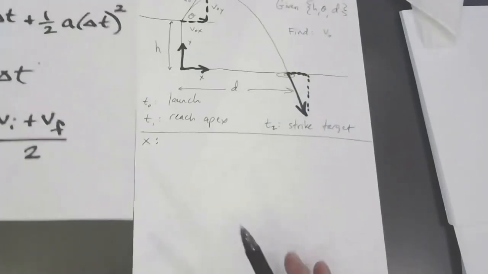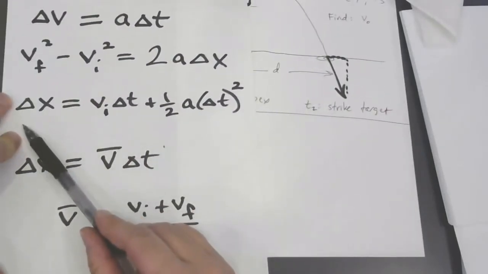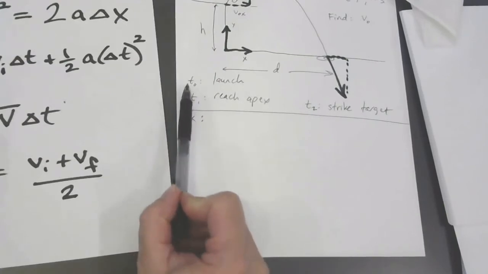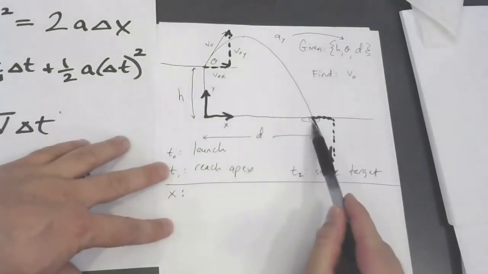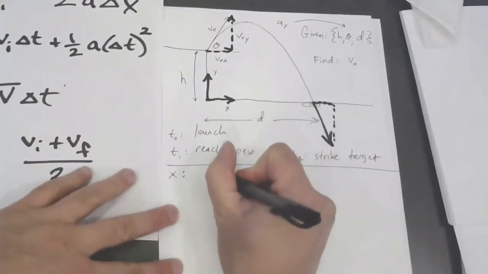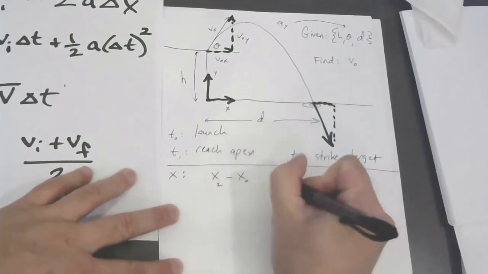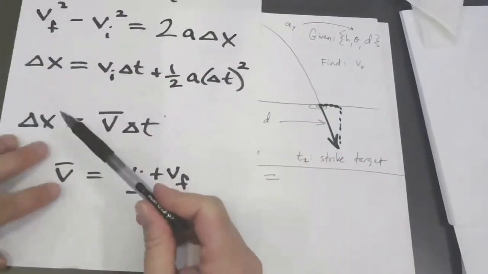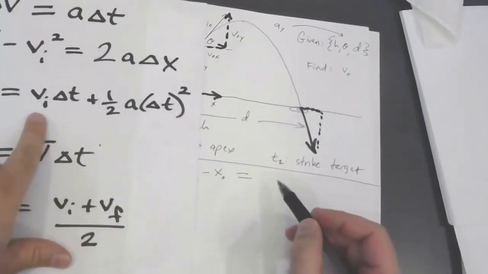Okay, let me apply the equation for displacement along the x-axis between the initial and final time. So right now I'm looking at the motion from beginning to end. I don't care about that middle time right now. So I will say the x-coordinate at time 2 minus the x-coordinate at time 0 equals, that's what this displacement is, final minus initial, equals the initial coordinate.